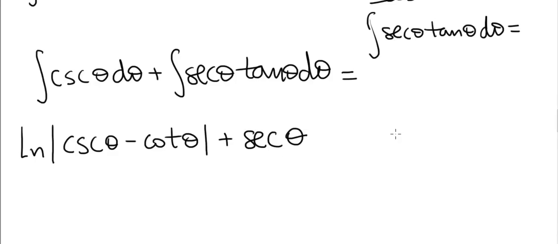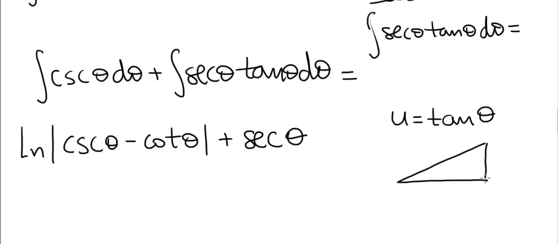Now we have to express this in terms of the variable u. Our substitution was u equal to tangent theta. So we can draw a right triangle with this angle theta. Tangent is opposite side over adjacent, so that's u over 1, that's u. Then the hypotenuse is the square root of 1 plus u squared.